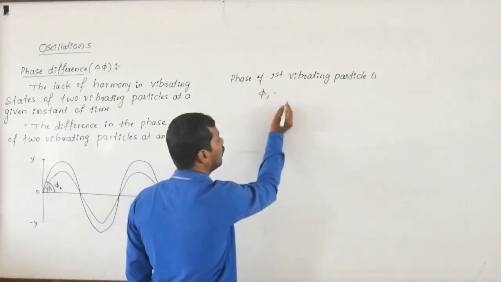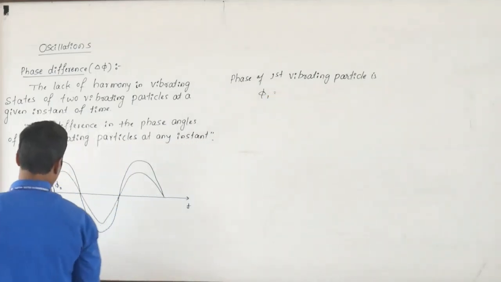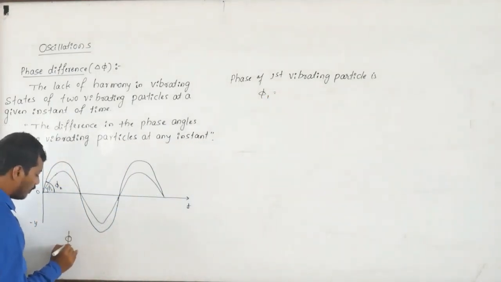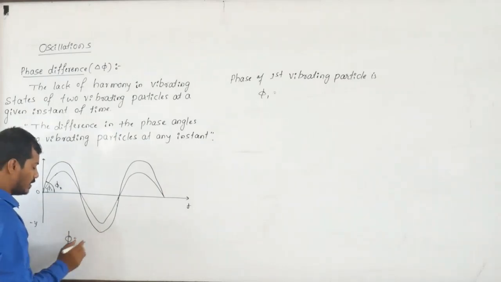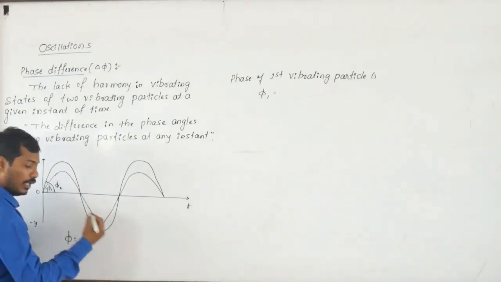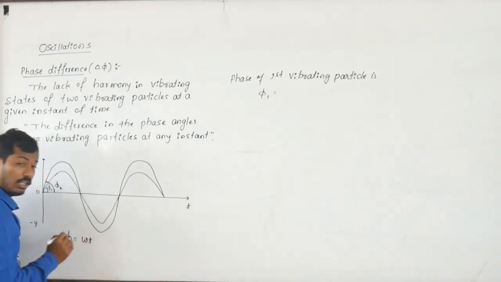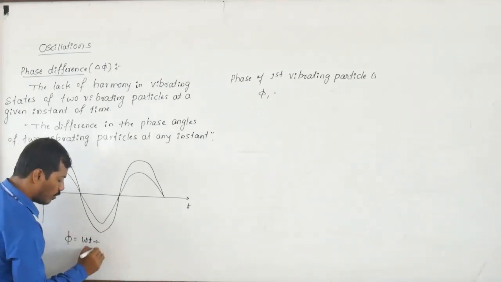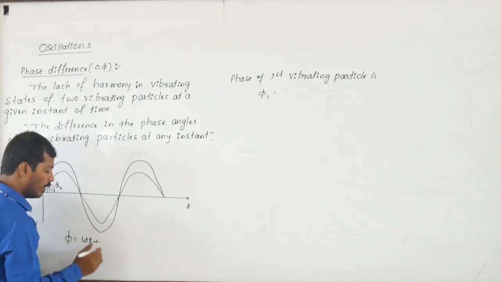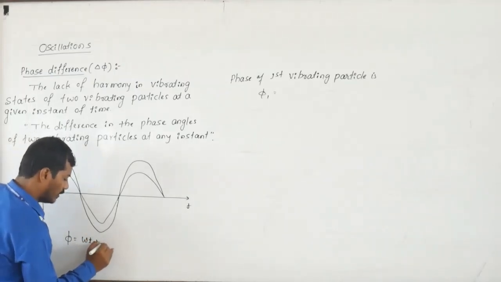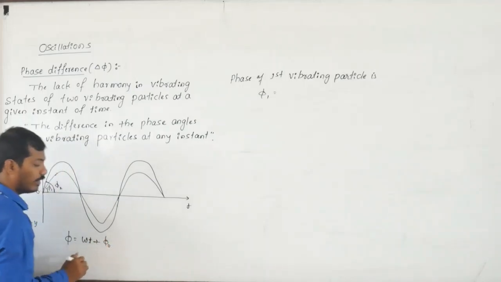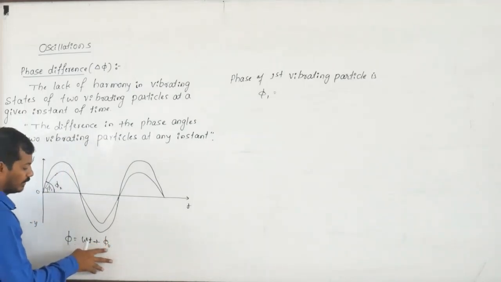We already know one form for phase: phi, the total phase, equals omega t plus phi naught, where phi naught is the initial phase.